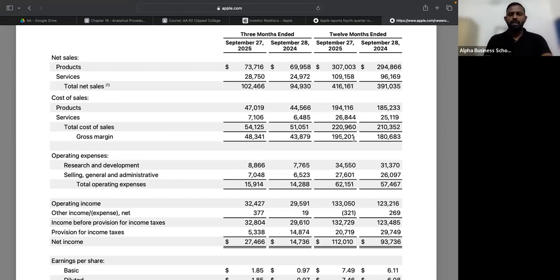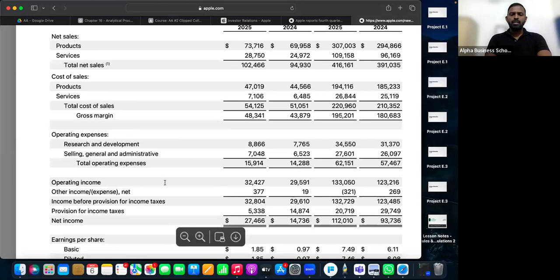That's what my gut feeling is saying. Here, 391 to 416, roughly it may be okay. I don't think there's a problem. But I'll quickly do a ratio analysis and see whether there is anything unusual in these numbers. So let me open my Numbers.